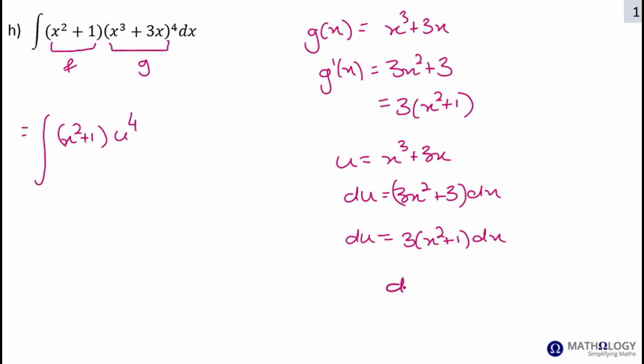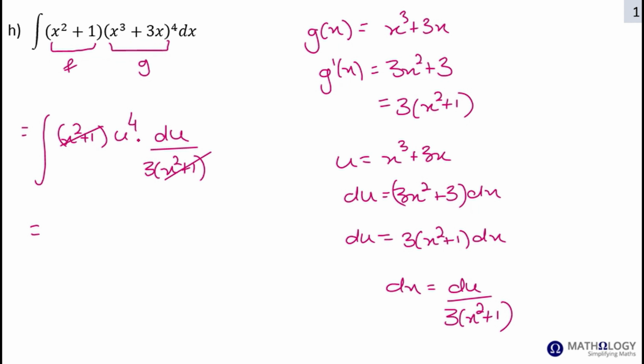And then dx is du over 3 times x squared plus 1. So du over 3 times x squared plus 1, and the x squared plus 1 brackets cancel out. So we are left with u to the 4 divided by 3. So just write it like that. U to the 4 divided by 3 du. You can take the third out rather, and the third times the integral of u to the 4 du.